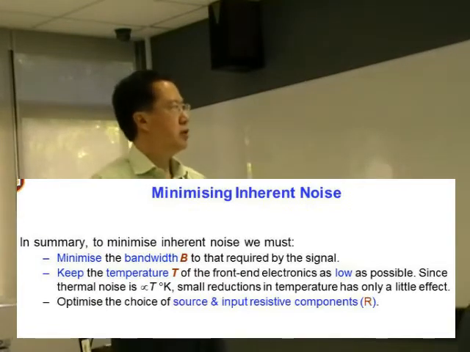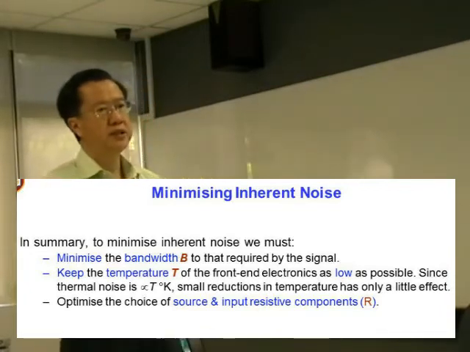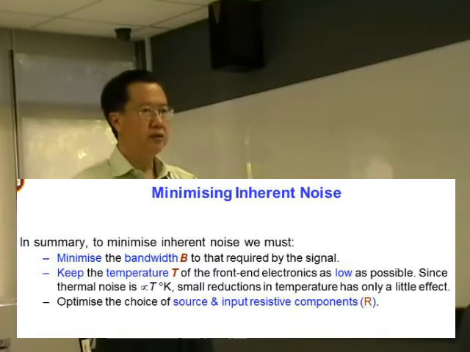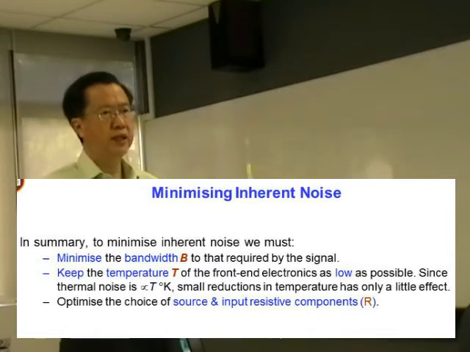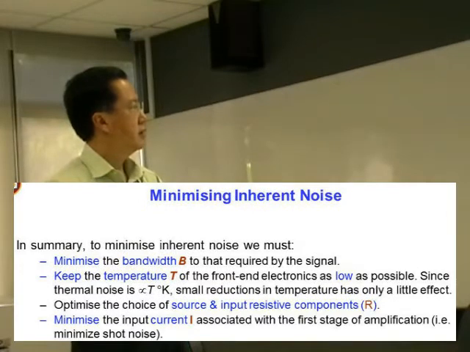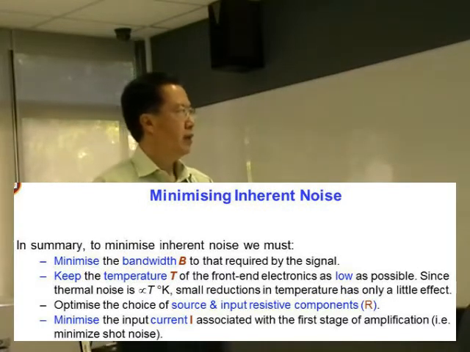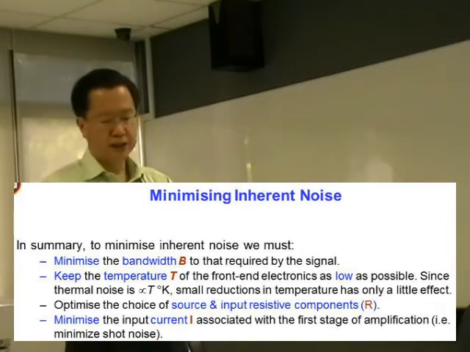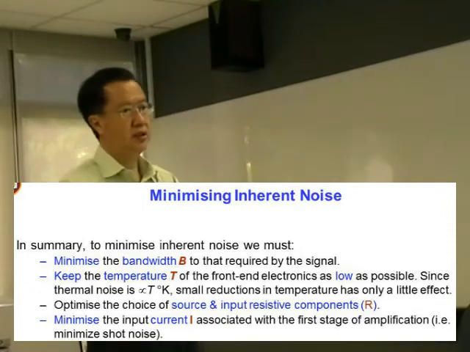And we want to optimize the choice of input resistive components R. If you can choose a low value for the input resistance, use as low a value as is practical. And you want to minimize the input current at the first stage amplification, because that will add to the shot noise.